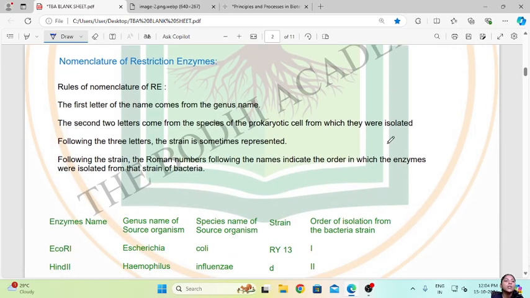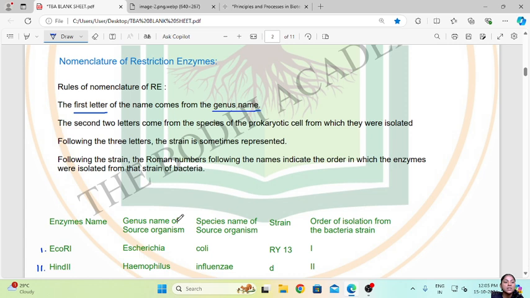Then talking about the nomenclature of the restriction enzymes, that is how we can name these different restriction enzymes. The rules for nomenclature of restriction enzymes are: the first letter of the name comes from the genus name. So we learn this by looking at the examples. The first one which we have is E. coli. Now the first letter of the name comes from the genus name.